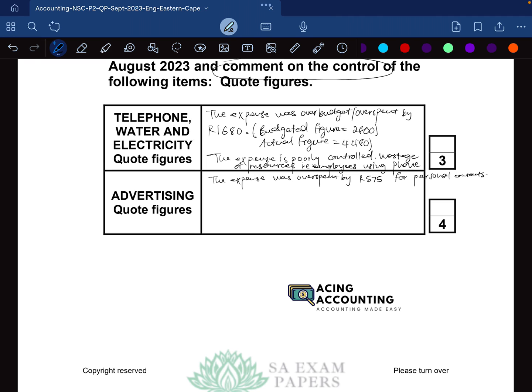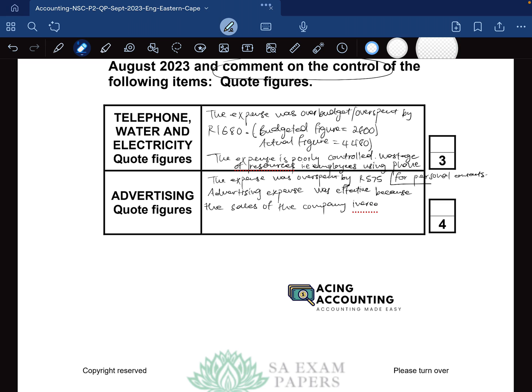Okay, we've quoted figures. Then now we can state that the advertising expense was effective because the sales of the company increased, not necessarily increased, but, okay, let's just rephrase this.